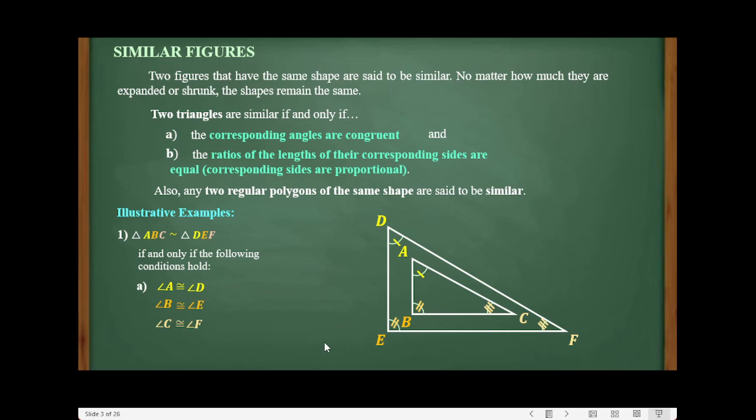Now, this is just one of the two conditions. Basically, corresponding angles are congruent. And what is the second condition?